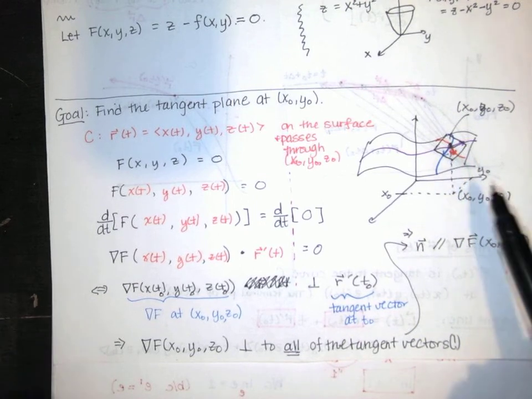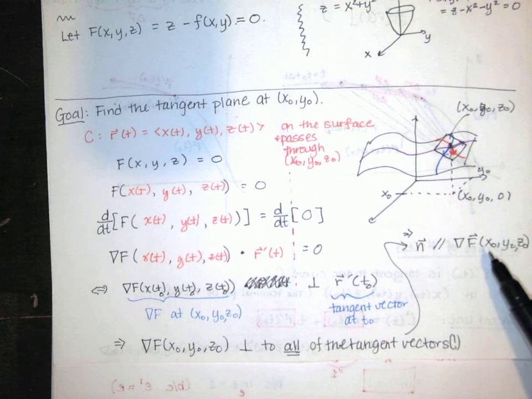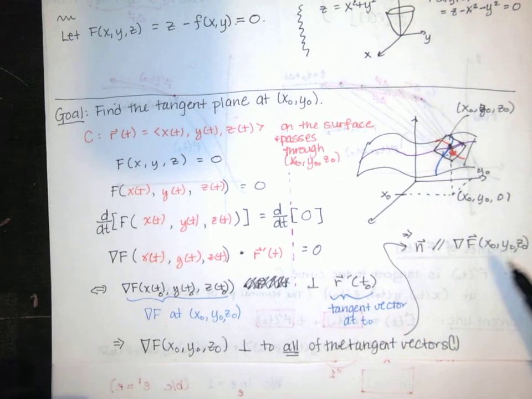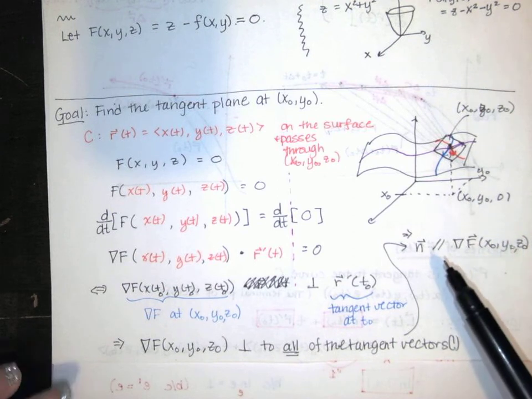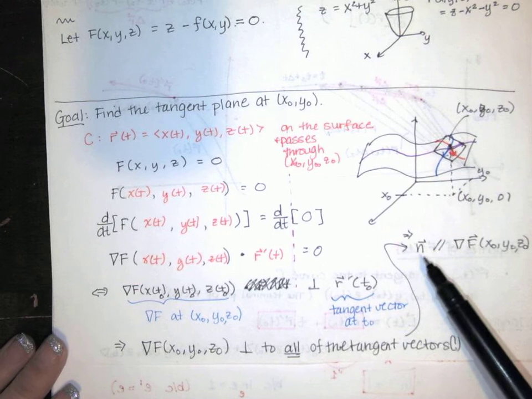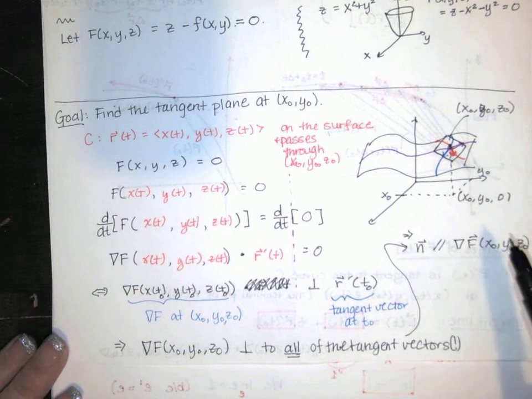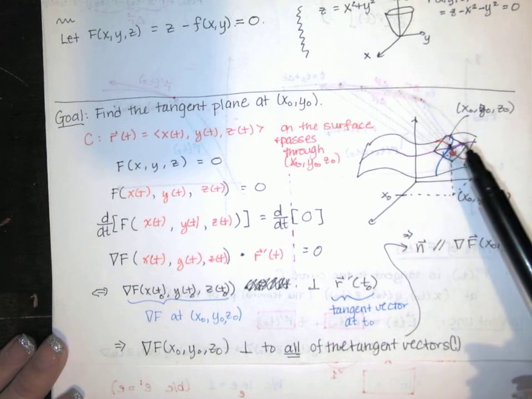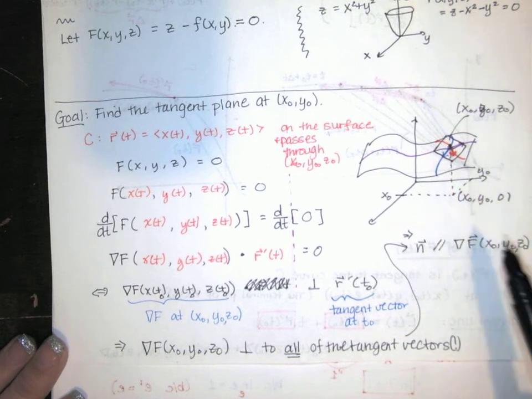If you don't remember why that works, let's say this was 1/2, 1/2, 2. I don't want my normal vector to have a 1/2 in it. I might multiply everything by 2 to get rid of the fractions. That's all I'm saying when I'm saying it has to be parallel. Changing the length is not going to change the direction of that normal vector at all.